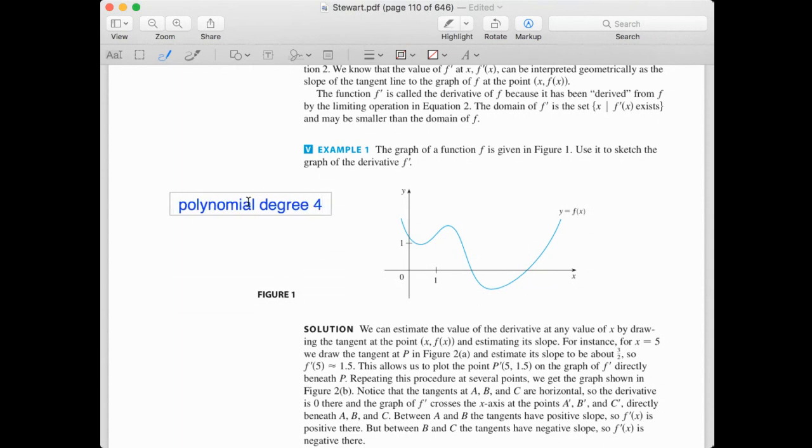Also you see the end behavior is upwards, so it looks like a W. And so we know the coefficient of the leading term is positive. This is something we can read off from this graph.